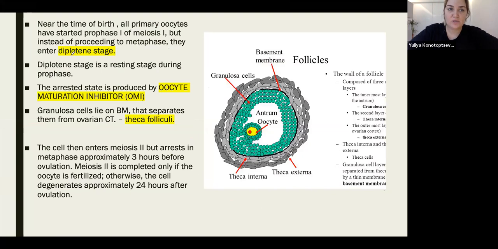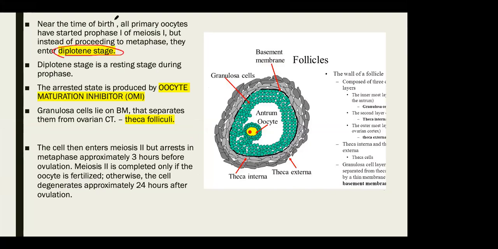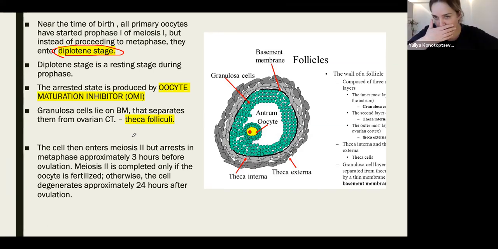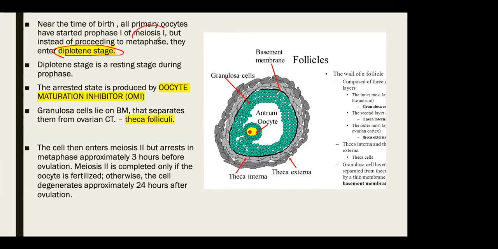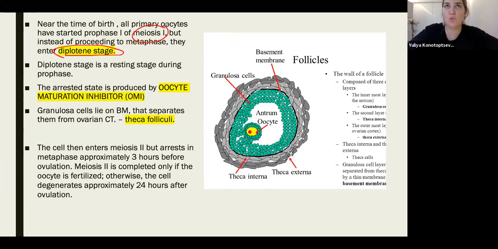Okay, we talked about the diplotene stage. Could you remind me what is that? It's the stage where the egg is frozen. Yeah, but say a bit more. So primary oocyte enters what? The prophase stage of meiosis 1. So it is on the way of becoming secondary oocyte, right?